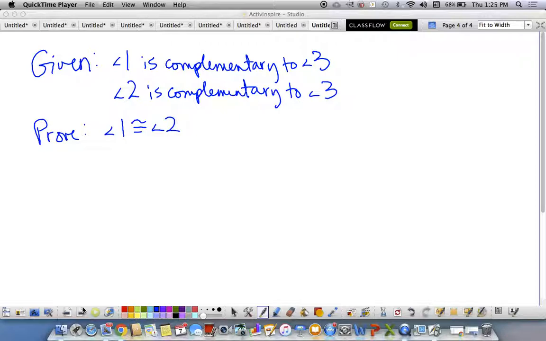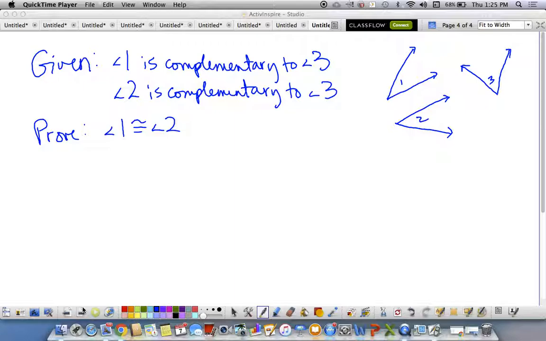Okay, so we've got a given, we've got the prove, and most of the time they're going to give you a diagram. This diagram to me is not always helpful, other than to see angles that are not beside each other that could be complementary.